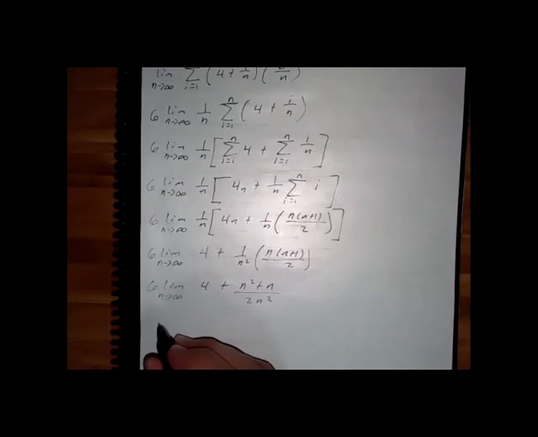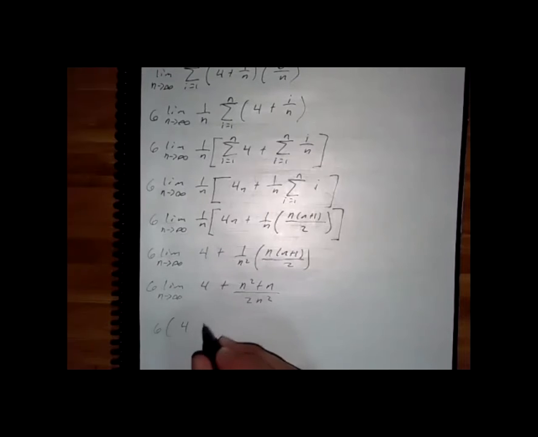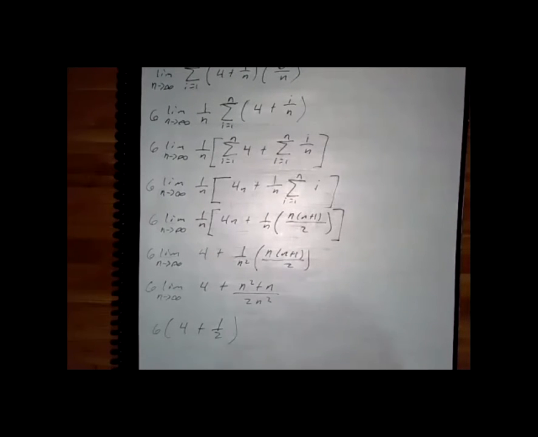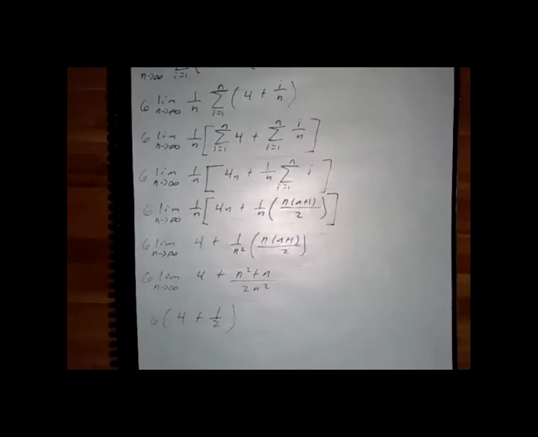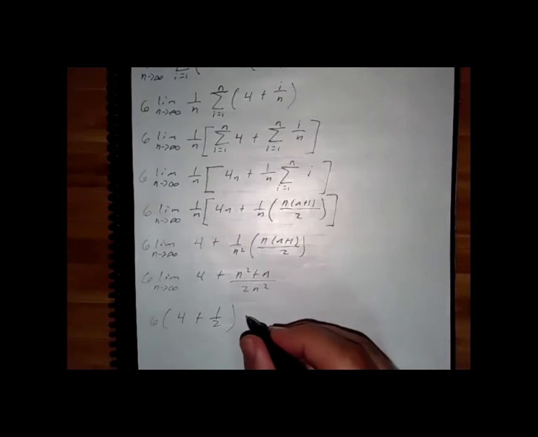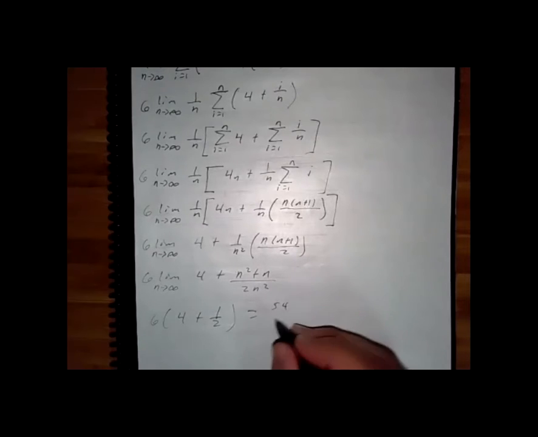So I'm going to end up with 6 times 4 plus 1/2 when you take the limit. 4 plus 1/2, what is that? 9/2? What's 9 times 6? 54? Yeah. All right. So I don't like numbers anymore.